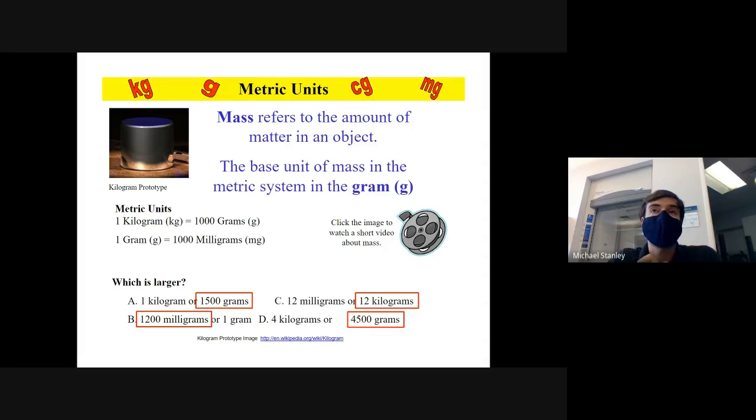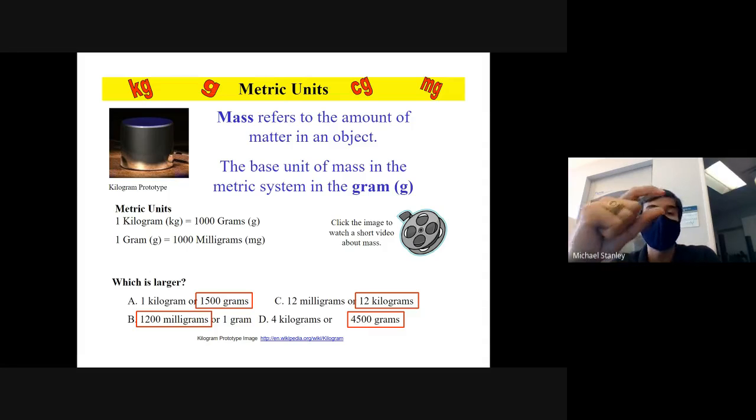Like if you think about medicine that you take, like Advil or Tylenol, those little tablets usually have between 200, 300, 400, 500 sometimes milligrams of medicine.